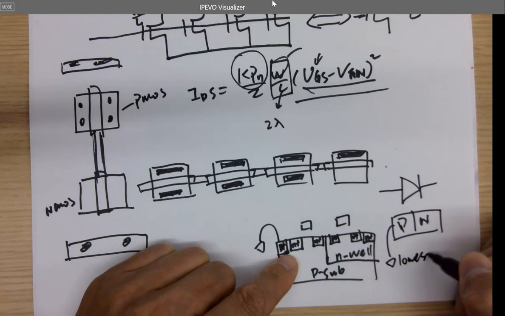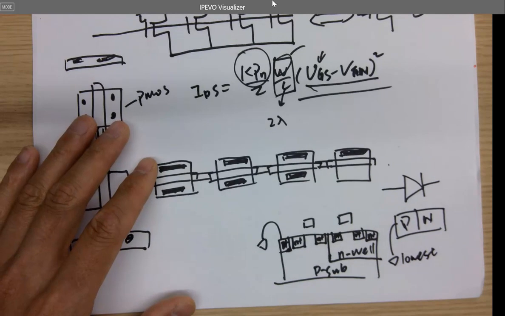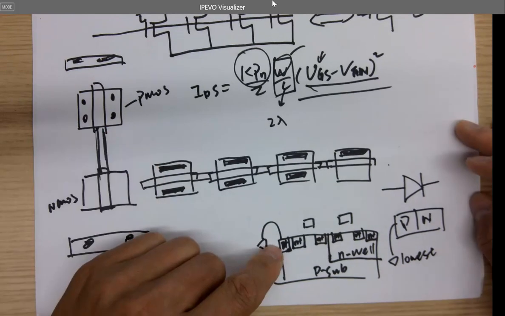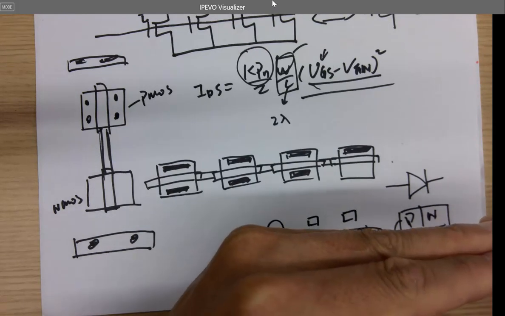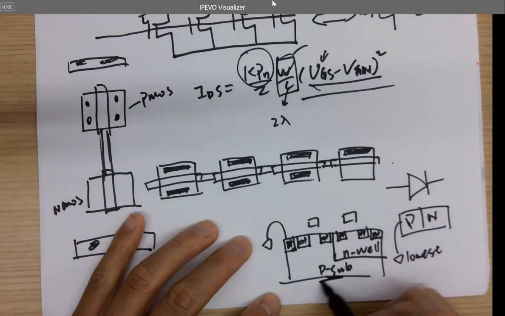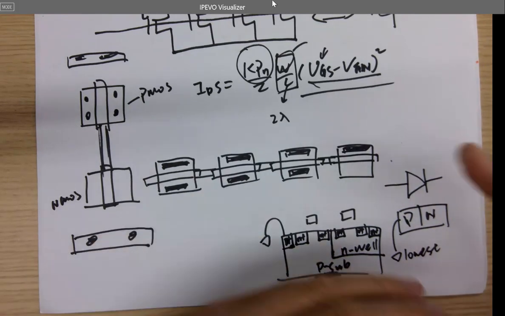I get why you short the P substrate to ground, but why do you need to do P plus again? Because P plus and P, they are the same materials, they are shorted. So you don't want to directly put something here at the bottom. There's no way to do that. You have to flip the wafer and put a metal.